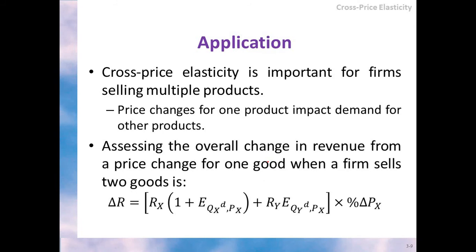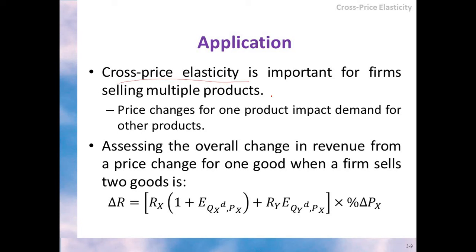So why is cross price elasticity important? Last time we looked into the importance of own price elasticity, how it relates to total revenue. So when we say cross price elasticity, why is this also an important concept for business to understand?